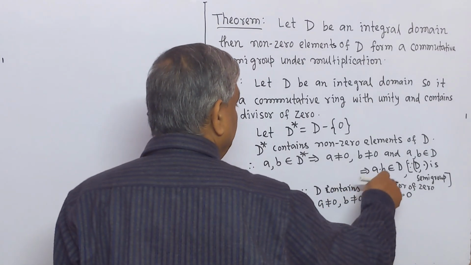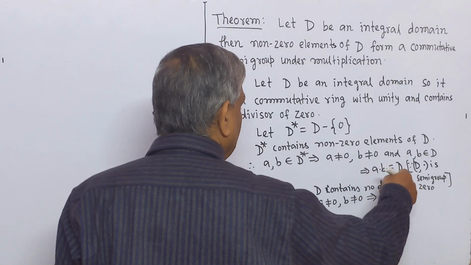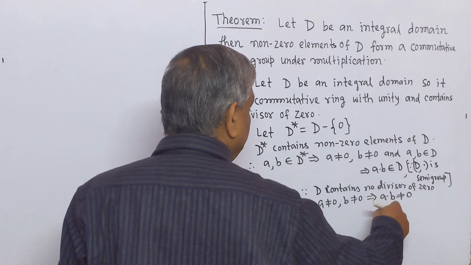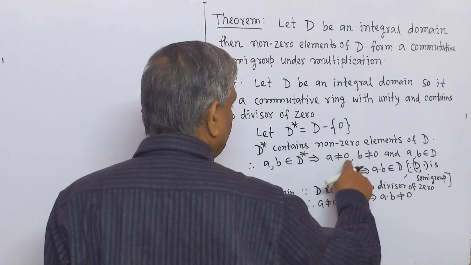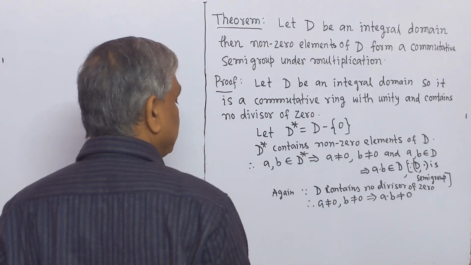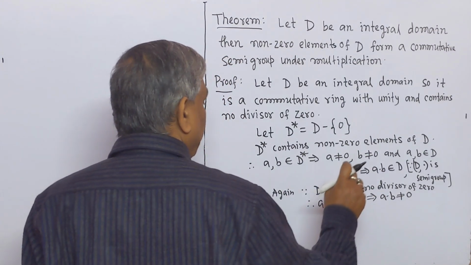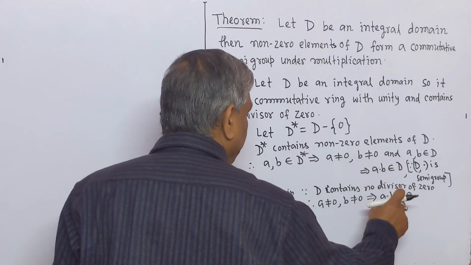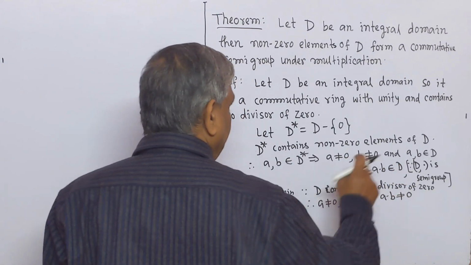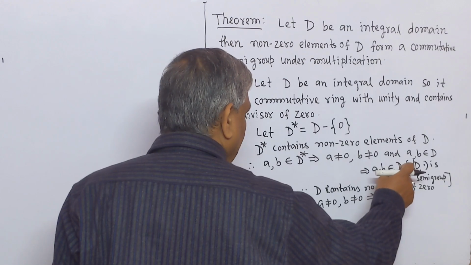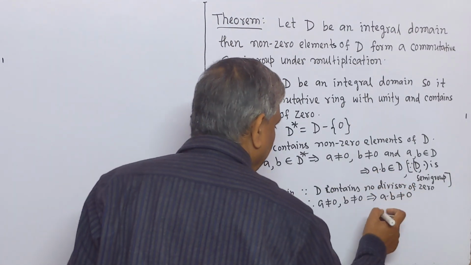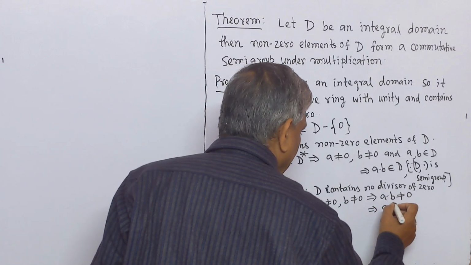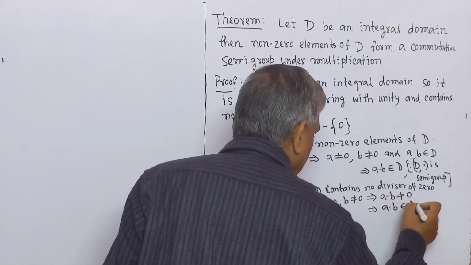a multiply b belongs to D and a multiply b not equal to 0, as a not equal to 0, b not equal to 0 means the product of two non-zero elements of D is an element of D and that element is non-zero element, implies that a multiply b belongs to D star.